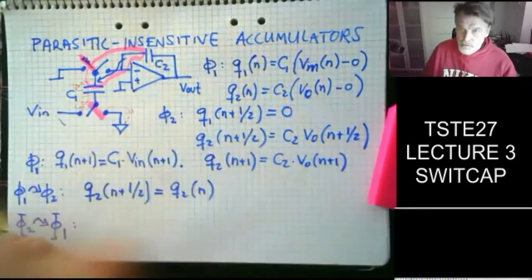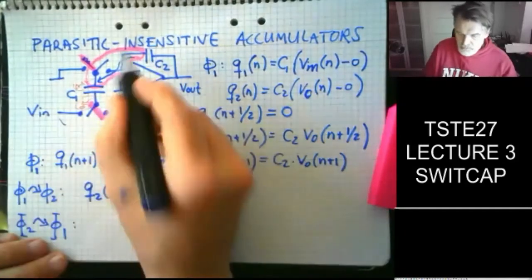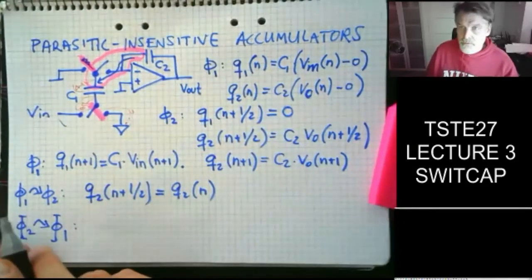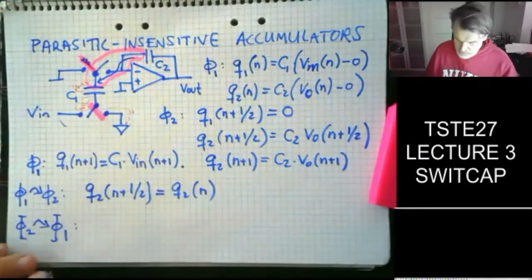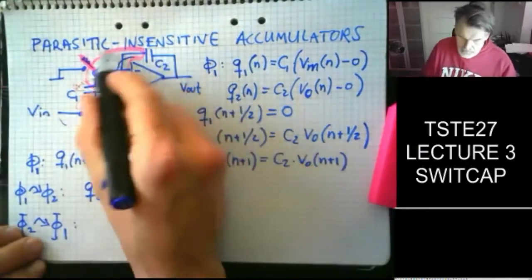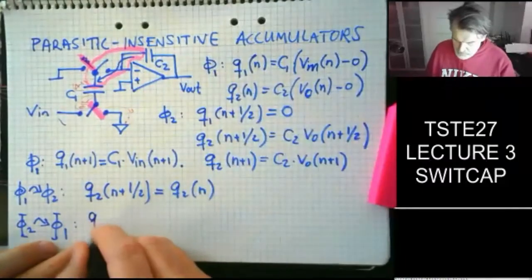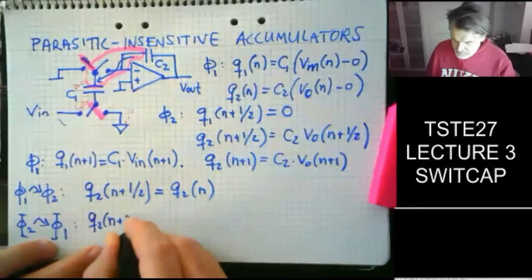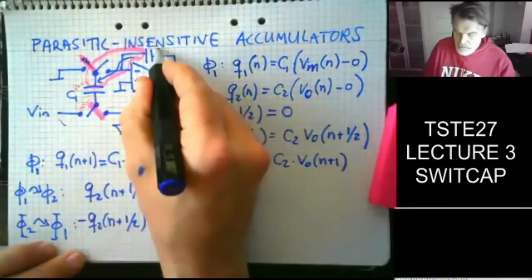Now one can argue what's positive and negative, of course, but philosophically, stealing charge from C2 and using that to set the charge on C1. So the charge in this cloud will be maintained. So we have that Q2 of n plus a half. And now I type minus there because I want to use my plates.